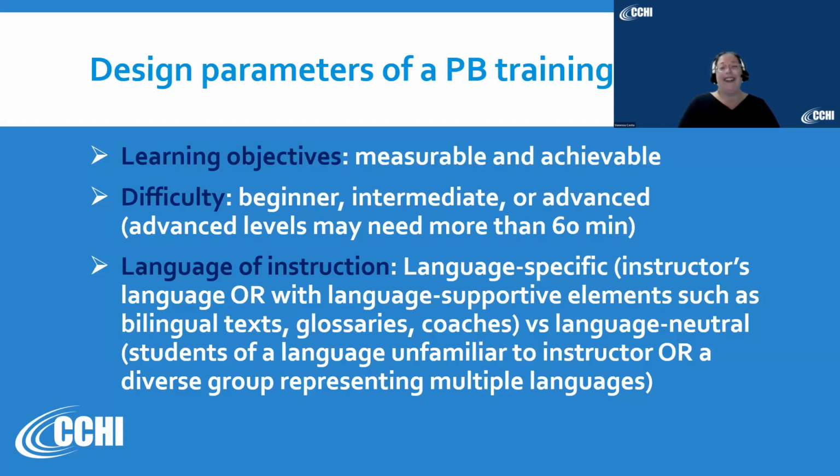For example, it's not possible to teach simultaneous interpreting in an hour, but it is possible to introduce exercises that will help students hone their practice in the course of an hour, or to do a 1-hour focused practice on simultaneous interpreting in a specific setting, for example, genetics. So it's important to think about how much time do I have and what is measurable and achievable within that time, and to be realistic about the learning objectives.